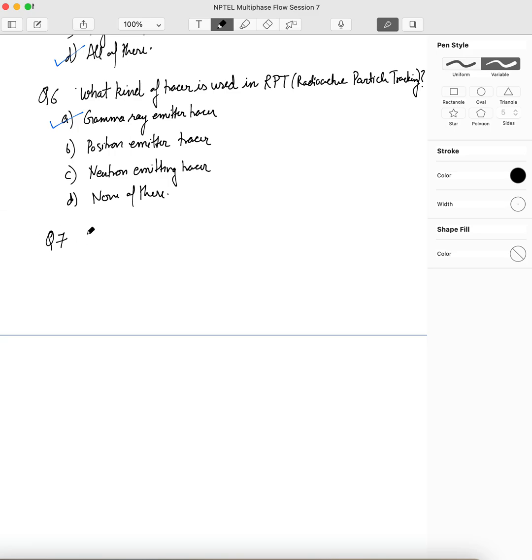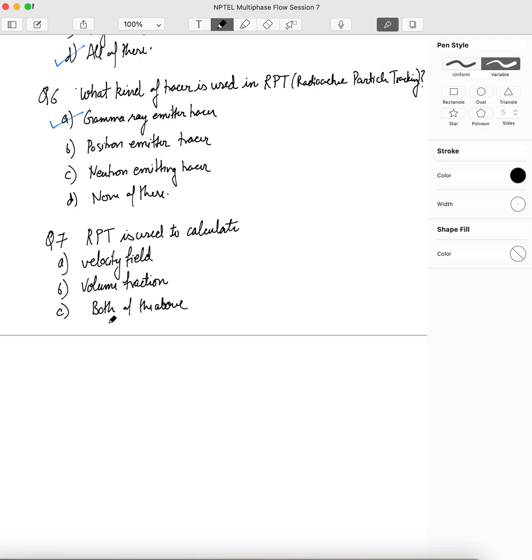RPT is used to calculate: velocity field, volume fraction, both of the above, and D, none of these.